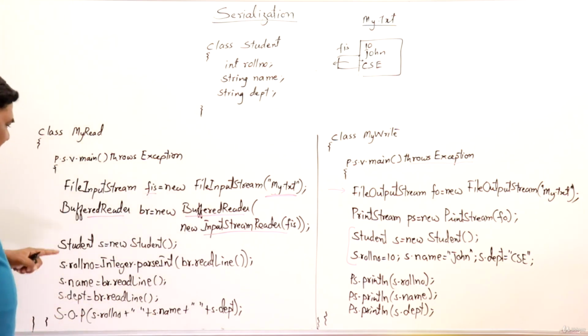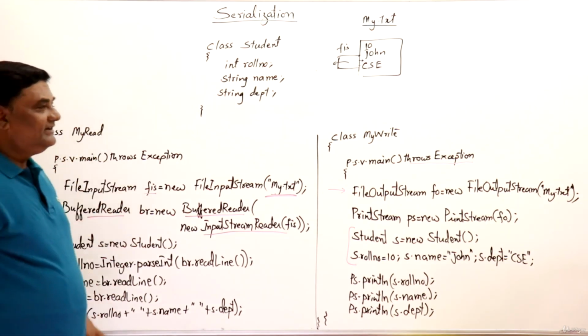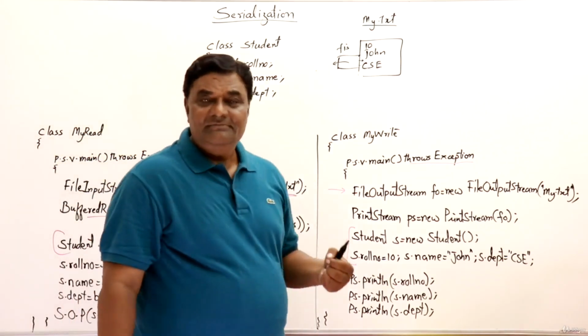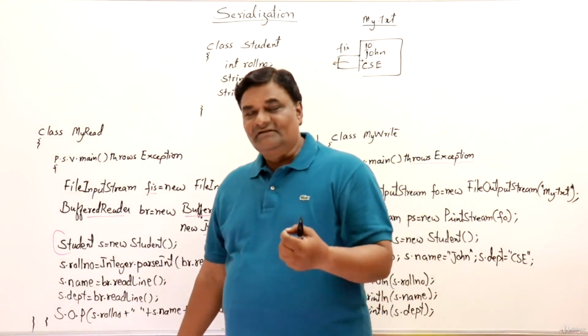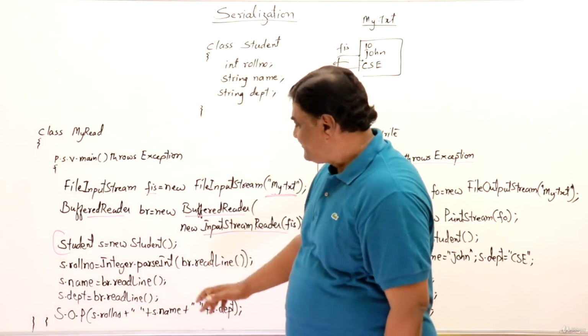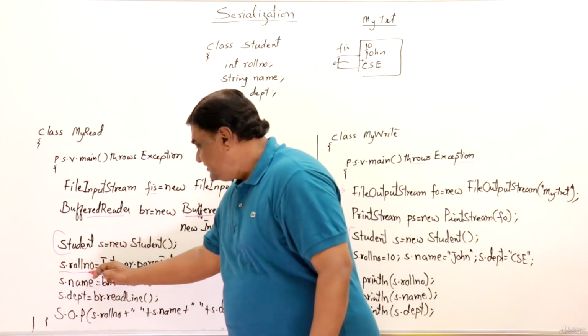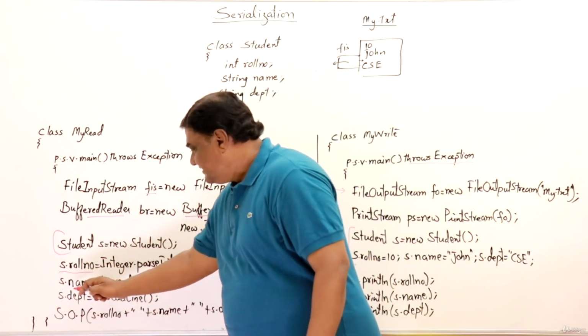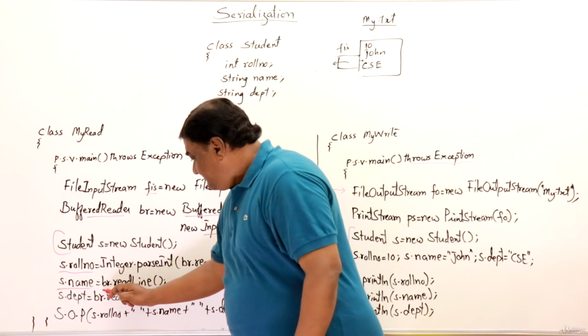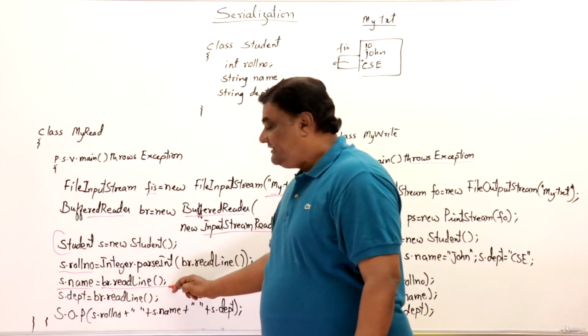Next, I have created just an object of a student class, right? Nothing is there yet. Now all the values of the student, I should get from the file. First I should get the roll number, second the name, then third the department. So here you read s.rollNumber, then s.name, buffered reader dot readLine.